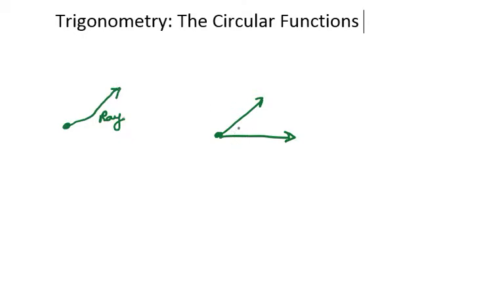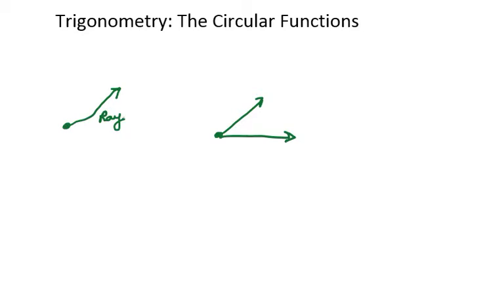Would this be a ray as well? This one and this one, would they both be rays? Because a ray has to have one endpoint and one arrow extending to infinity. So I see one endpoint here, and I see this extending to infinity. Then here I see an endpoint and extending to infinity. It's just sharing an endpoint, which is still fine.